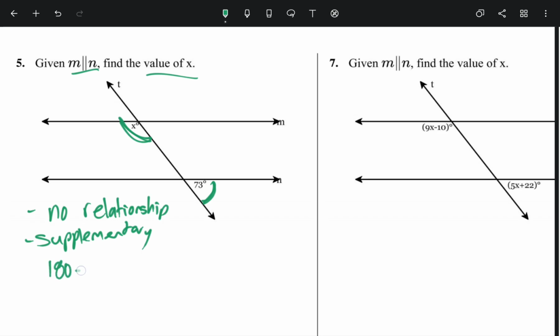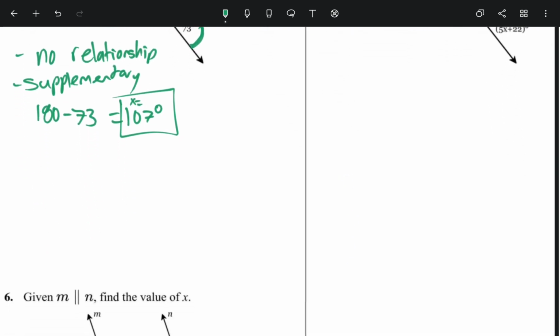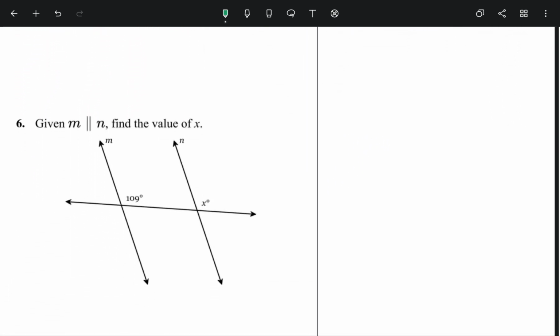So 180 minus 73 gives us 107 degrees. And that's it. So X equals 107.